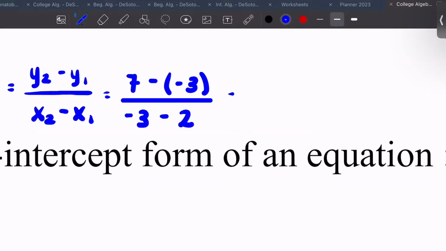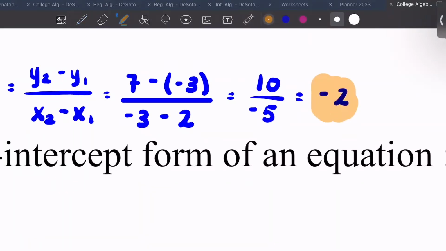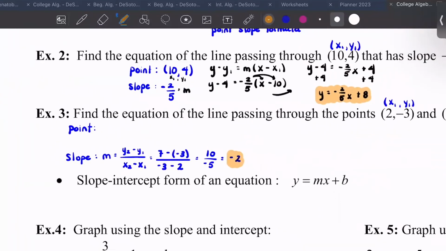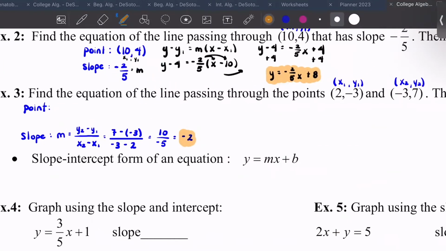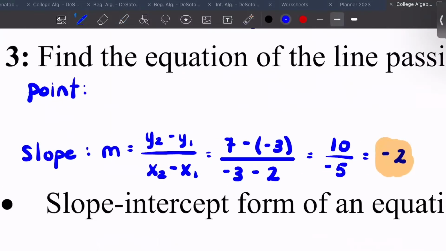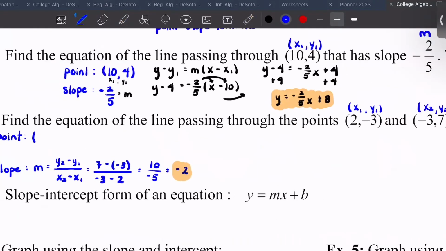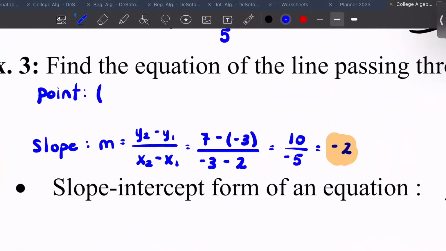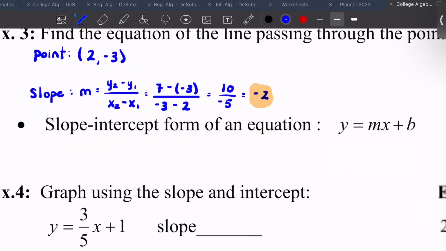Okay. And we get 10 over -5, which gives us -2. Okay. So we found our slope that passes through those 2 points. All right. And for the point, you just pick whichever one you labeled x1, y1. And I labeled, let me look, (2, -3) as my x1, y1. Okay.